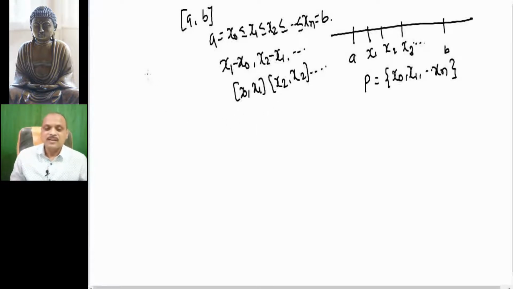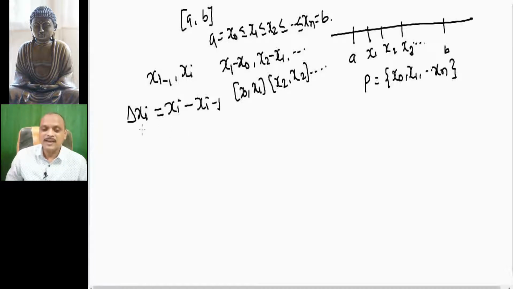Now consider the interval xi minus 1 comma xi. The length of this interval is xi minus xi minus 1, and we denote it by delta xi. This is the symbol we use to denote the length of the interval. For example, delta x1 equals x1 minus x0, delta x2 equals x2 minus x1.